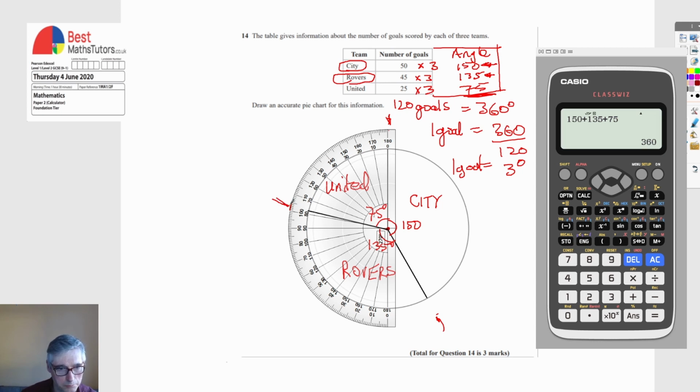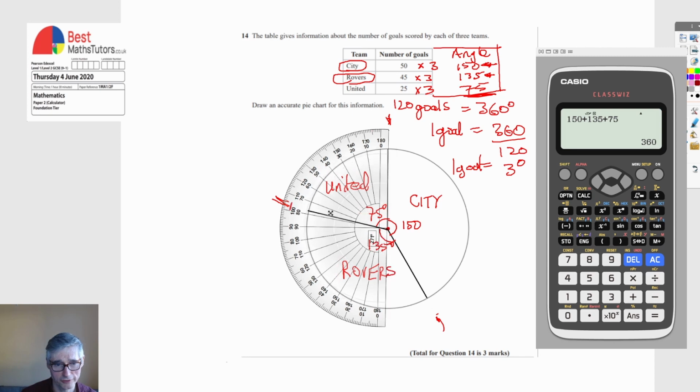But we are allowed a little bit of error on this, so we don't have to be exact. We can be a couple of degrees out, so that would be fine. But I can see there's 75. We're almost there, just a bit too short. We've come up a bit short there, but that's still fine for the question.